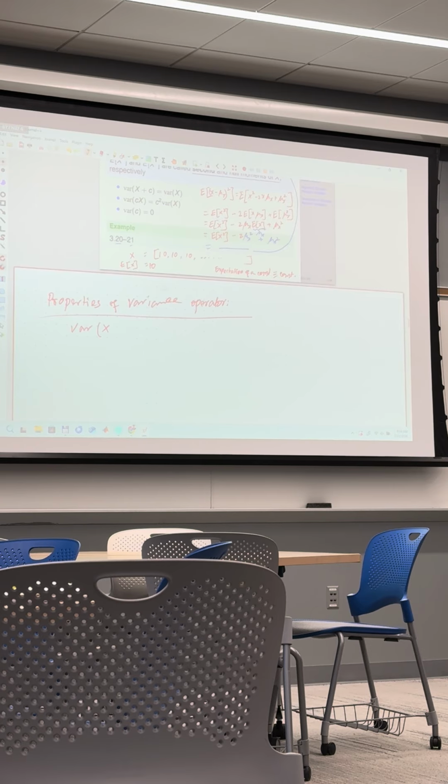Variance of x plus constant. C is a constant. What is it? You can distribute this variance operator inside. So variance of x plus variance of this constant.